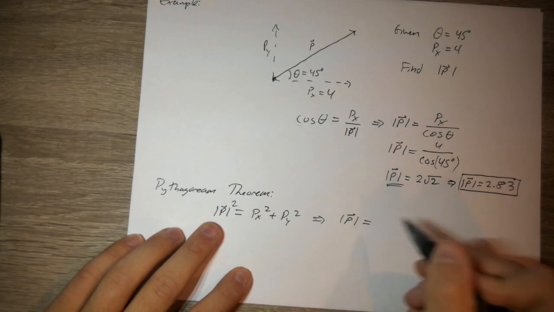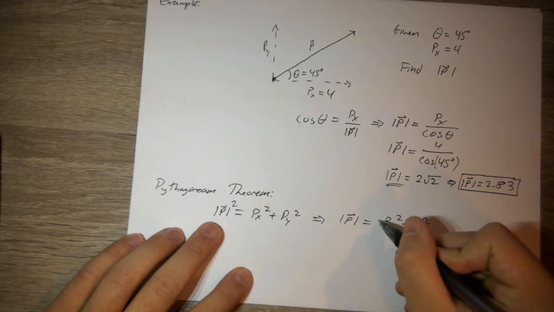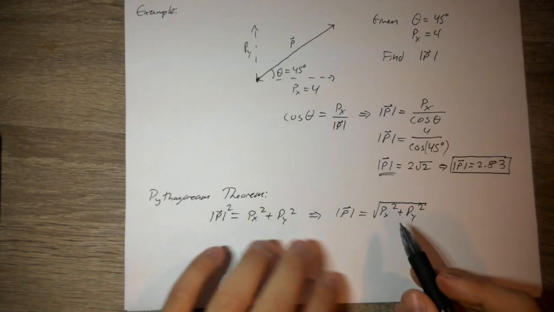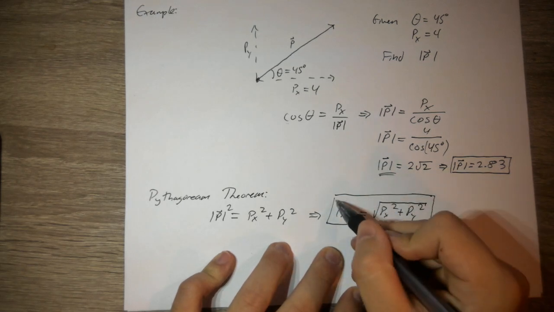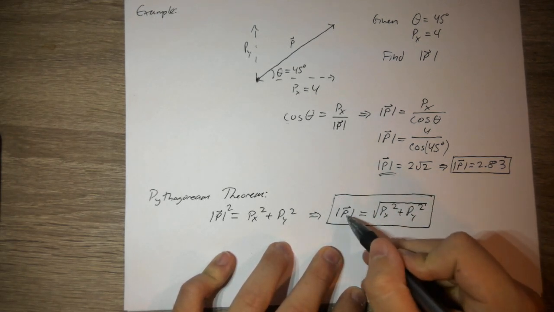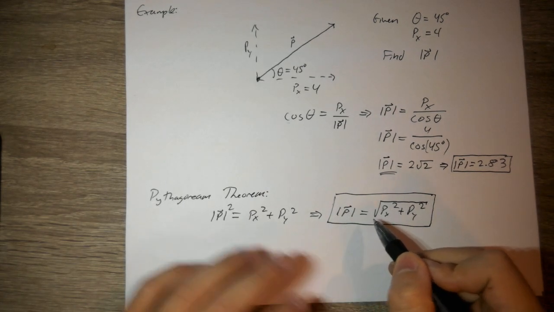Or simply, the magnitude of p is the square root of px squared plus py squared. And so that is actually the definition: the Pythagorean theorem is the definition of the magnitude of a vector. So that is also an important equation.